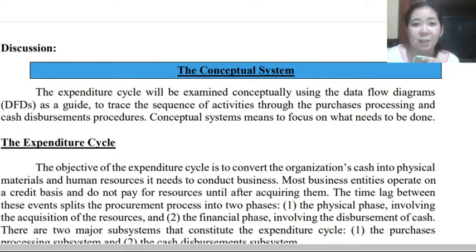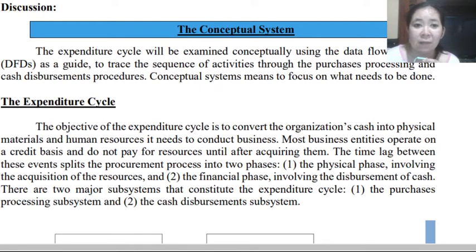So this conceptual system means that we will focus on what needs to be done. For the expenditure cycle, of course, the objective of this cycle is to convert the organization's cash into physical materials and human resources. These are needed in conducting the day-to-day business or activities of the enterprise.